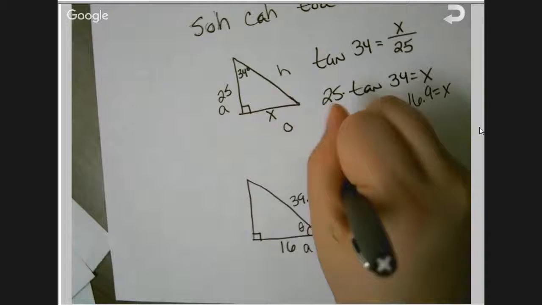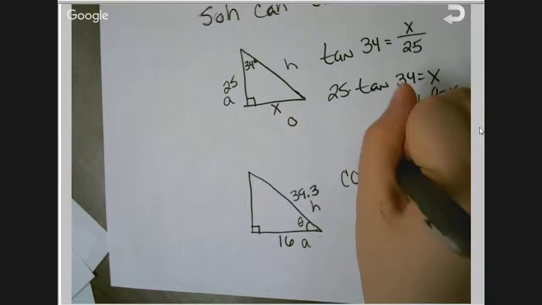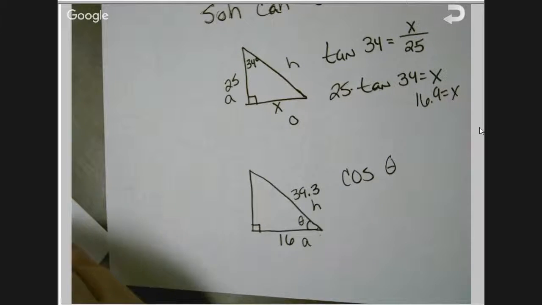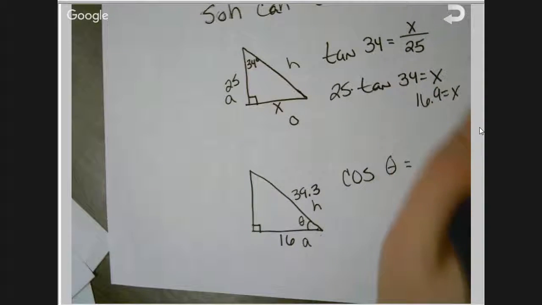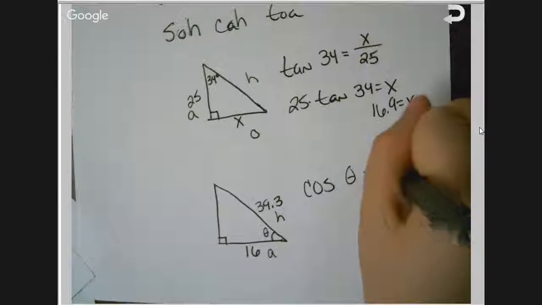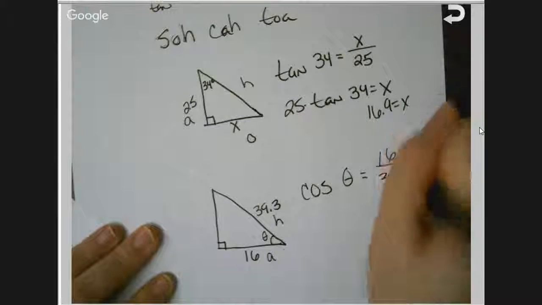Cosine. So cosine of whatever degree, the degree always goes with the sine, cosine, or tangent, equals 16 over 39.3.